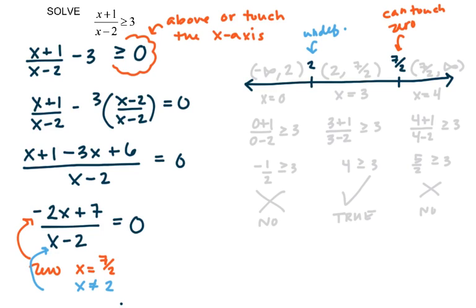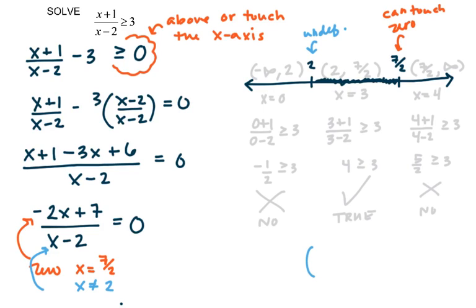So there's only one region we can include in our solution set, and that region is the area in the middle between 2 and 7/2. So now when I write this, I can't touch 2 because it's a vertical asymptote.